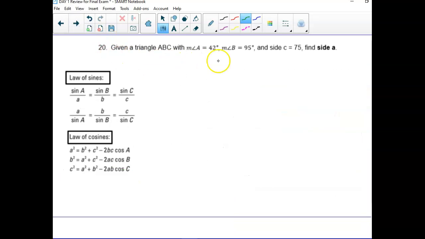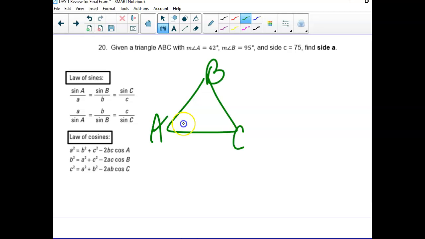All right. This guy, again, we have a triangle ABC. I don't know what it looks like. A is 42 degrees. Angle B is 95 degrees. As soon as we know two angles, we know the third, right? 180 minus 95 and 42. I'm thinking we might need that. Got 43 degrees over here.